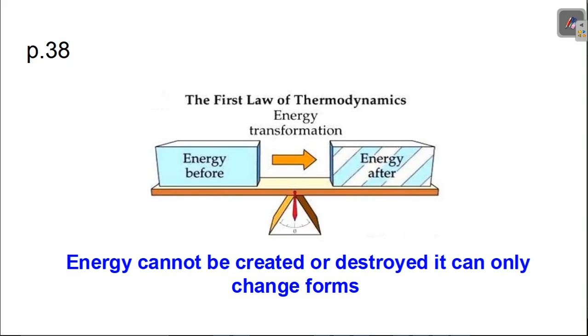It can only change forms. So there was energy before. It's transformed into a different kind of energy after. It was not destroyed or created, it just changes forms. That's what the law says. The total energy in the universe does not change.